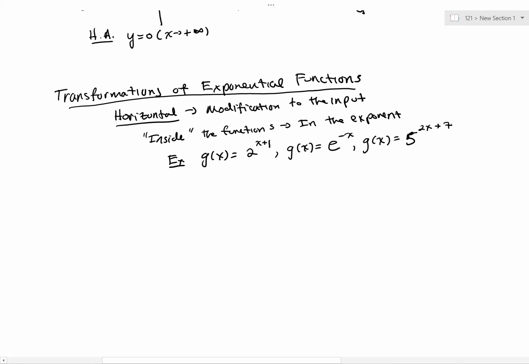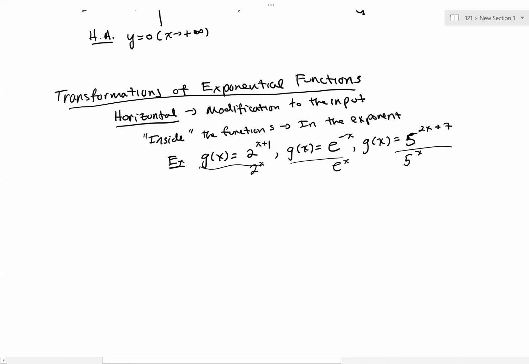We can see that, comparing them to just 2 to the x, e to the x, 5 to the x, the difference is what's happening in the exponent. That is the modification that's happening to the input. So all of these three examples will have horizontal transformations.